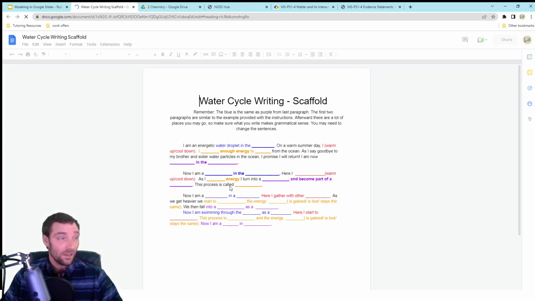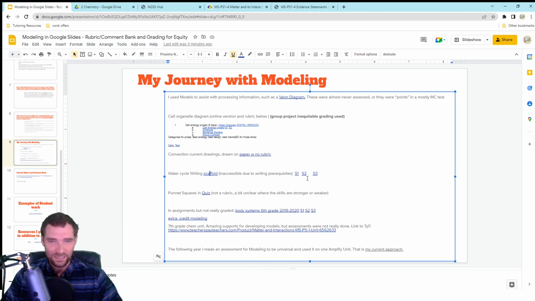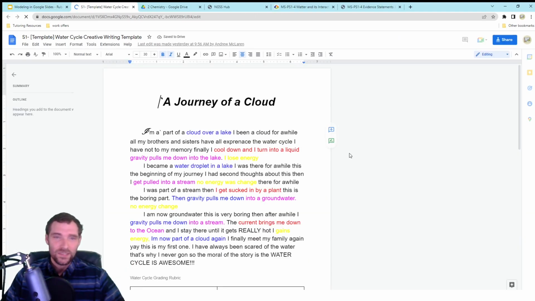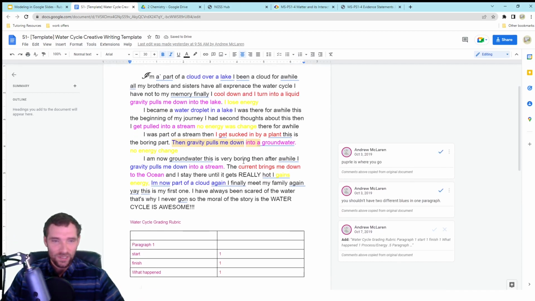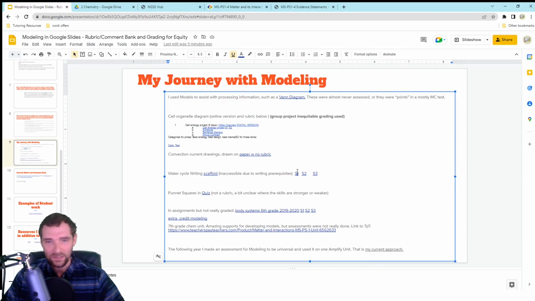I've also done things where I've done creative writing projects with the water cycle where they have to explain what's going on with energy changes and states of matter. And I gave a huge list of expectations around that. And so you can see what students did with that. So this is a version of a model in my mind because it's showing how matter is moving.